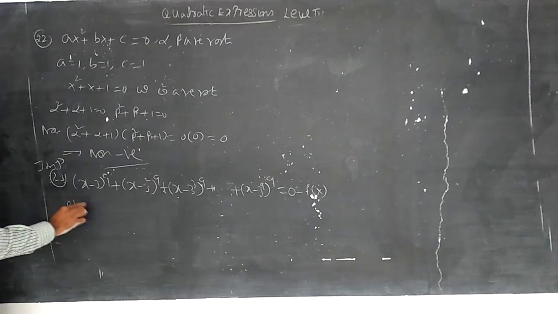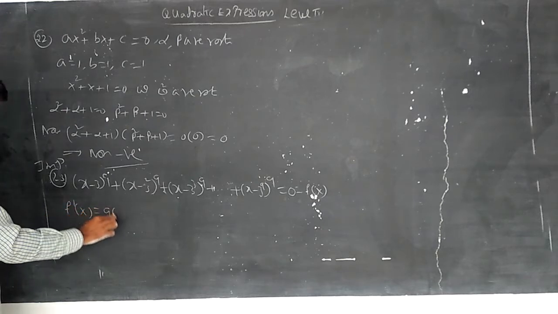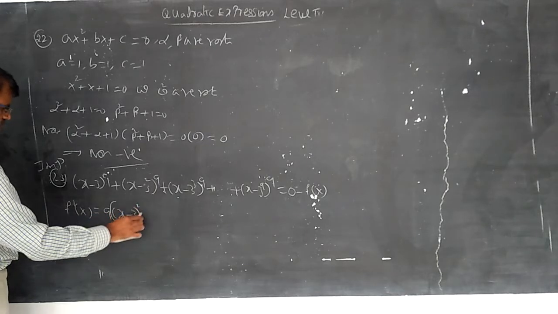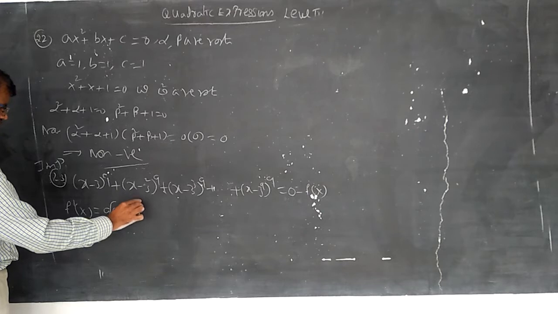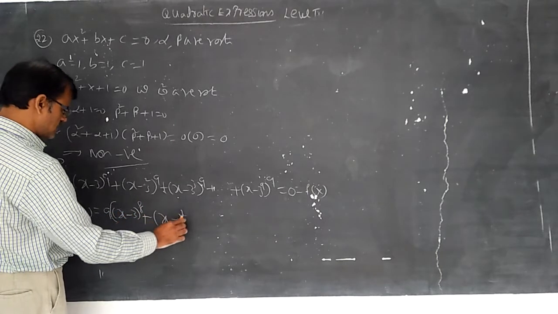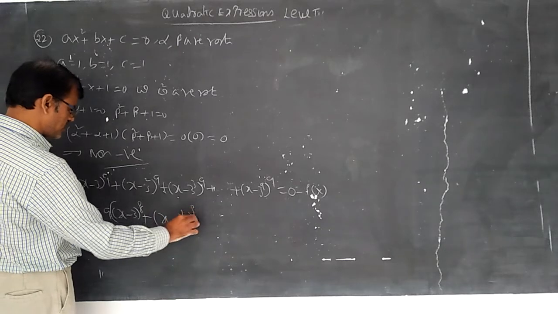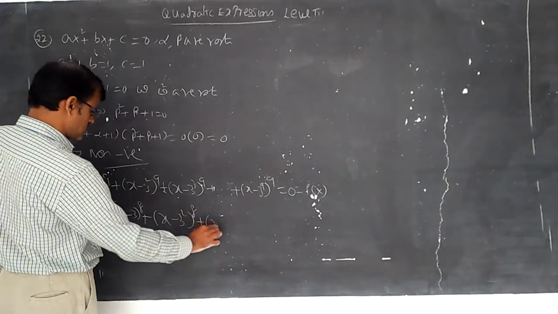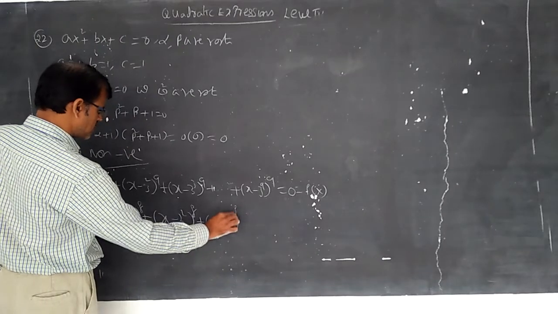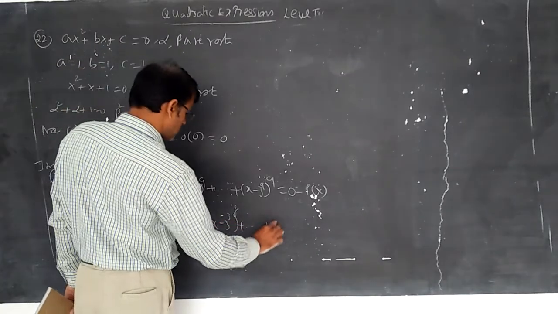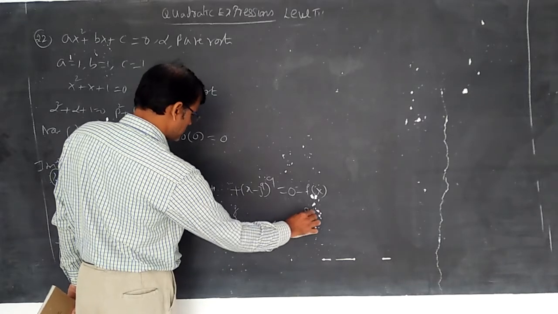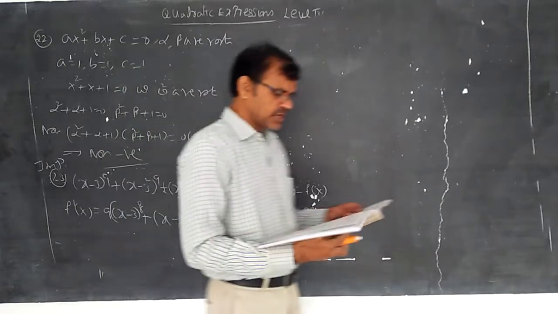f dash x is equal to 9 into, for everything you can take 9, (x minus 3) whole power 8 plus (x minus 3 square) whole power 8 plus (x minus 3 cube) whole power 8 plus all like that, (x minus 3 power 9) whole power 8.